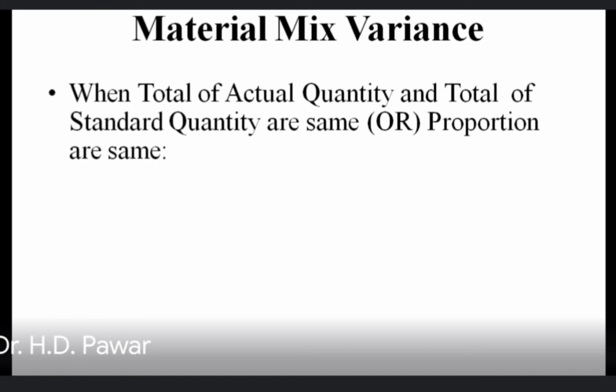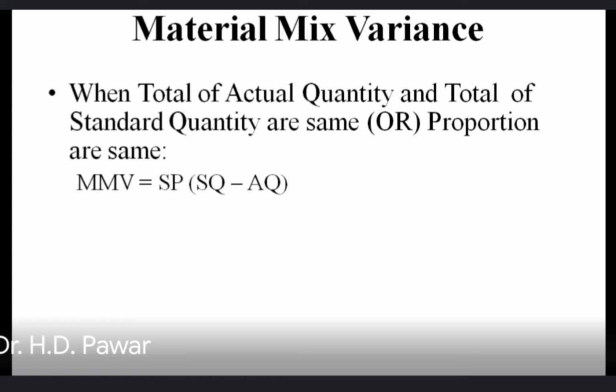Material mix variance can be calculated in two different situations. The first is when the total of actual quantity and the total of standard quantities are the same, or the proportions are the same. Then the formula is MMV, material mix variance, equals standard price into bracket standard quantity minus actual quantity.